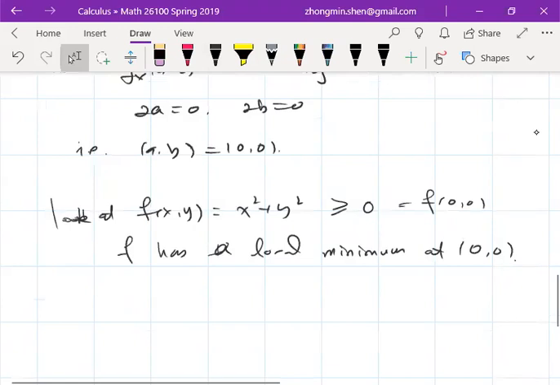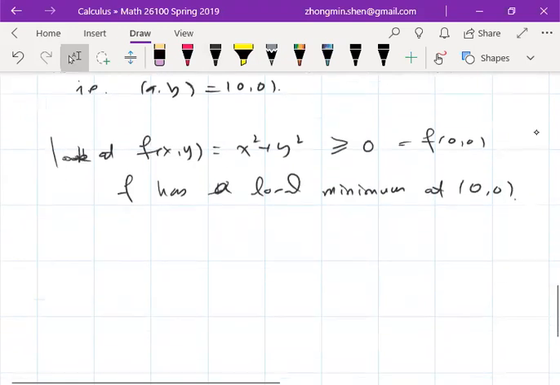The problem is, how do we tell whether the function has a local minimum or local maximum if we have already found the candidate? How do you check that? In Math 165, we have two theorems we can use.